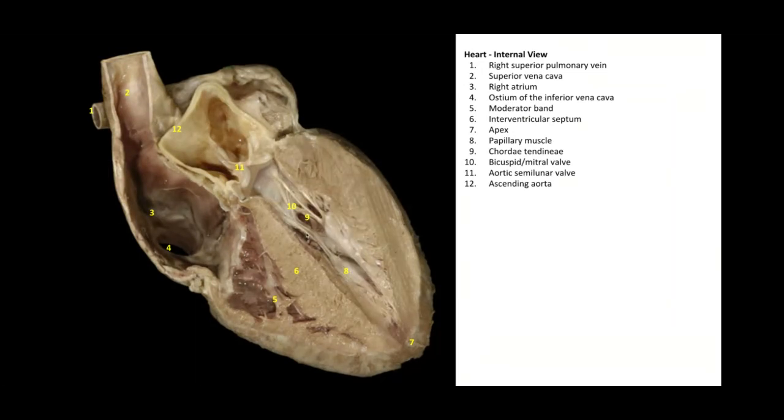You can see the chorda tendineae here with number 9, and you have number 10, which is the bicuspid or mitral valve. You can see the opening of aorta, and number 11, which is the aortic semilunar valve. These are the parts which we have for our heart.